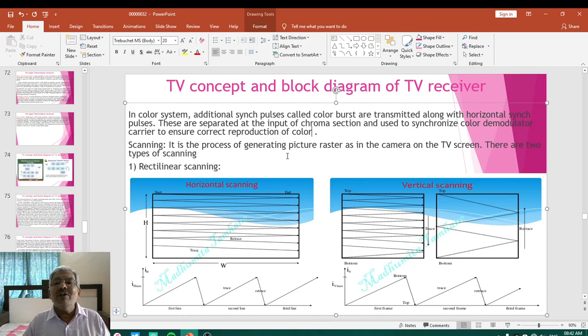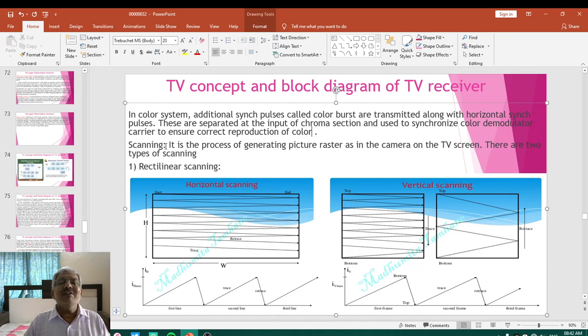Now we are going to study how exactly the picture raster gets produced and what are the standards used to produce that particular picture raster on the television screen. The process of generating the picture raster, as it is taking place in the camera, on the television screen is known as scanning.